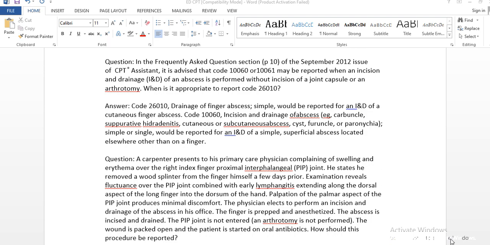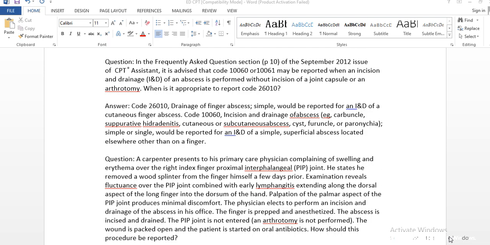So for drainage of finger abscess, we need to use 26010. Other than finger, for any other location, we need to use 10060. So here we need to remember that for I&D of finger abscess, we have a separate code, and other than finger, we have 10060.